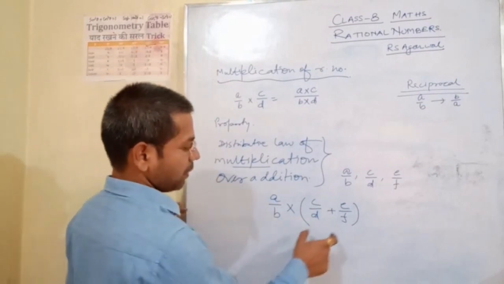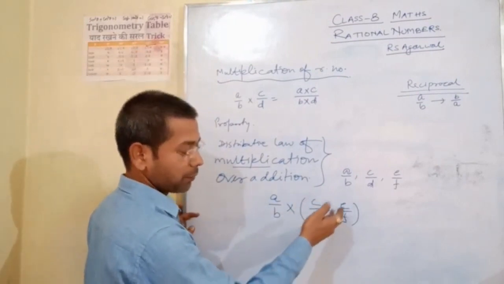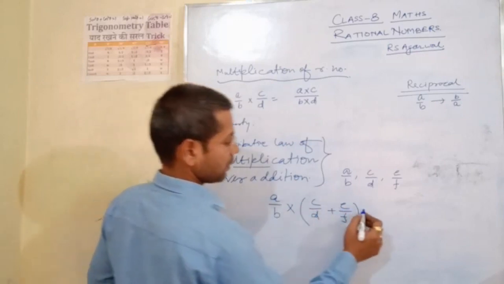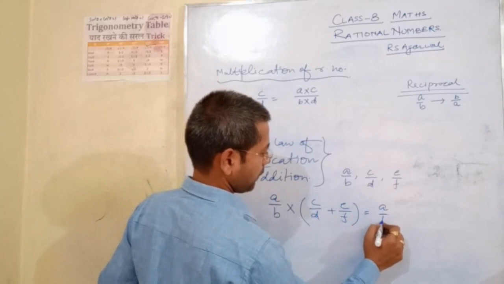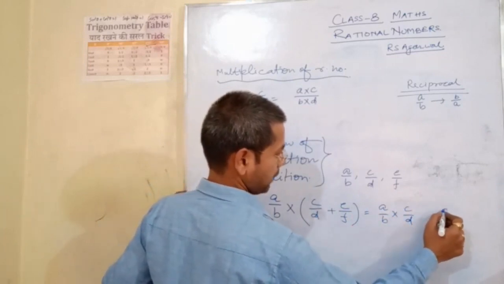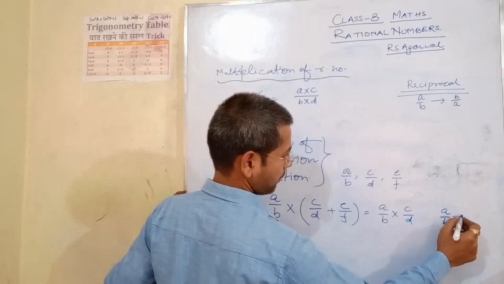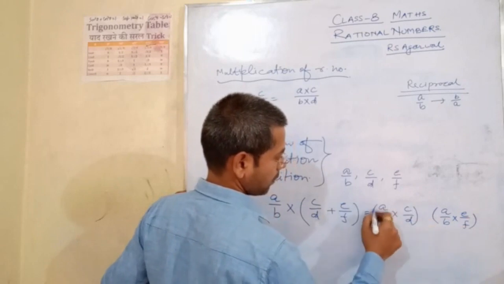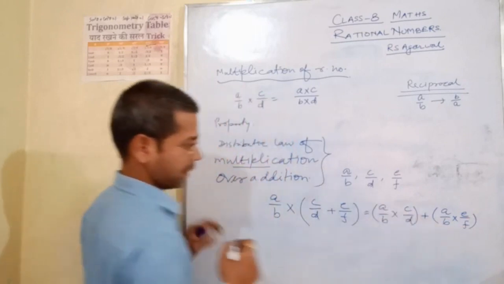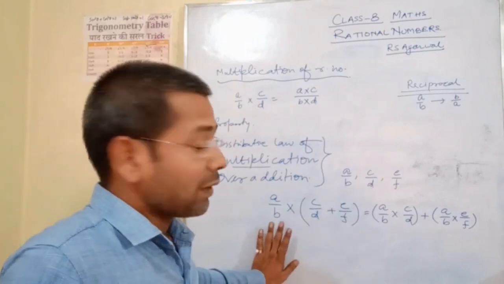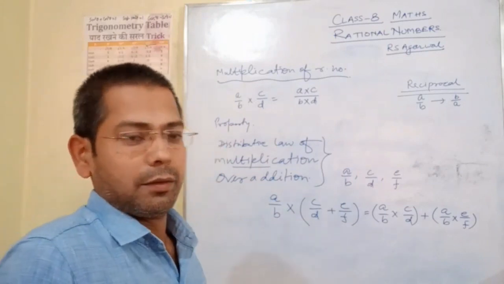So we add c upon d plus e upon f first. We write a upon b multiplied by c upon d, and a upon b also multiplied by e upon f, with addition in between.